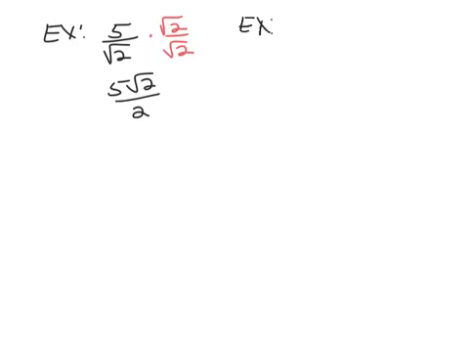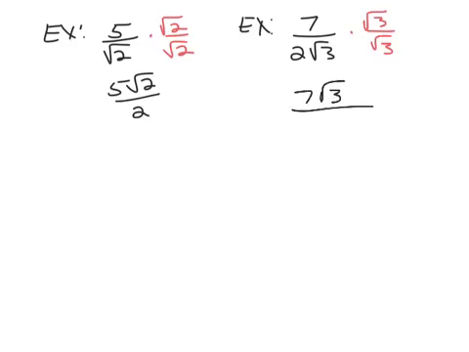In the next example, I'm going to have a coefficient in the denominator. So let's say this is 7 over 2 radical 3. Well, I only need to get rid of the radical part of this. The 2 is okay. So it's the radical 3 I've got to deal with. If I multiply top and bottom by radical 3 over radical 3, that's going to give me 7 radical 3 in the numerator.